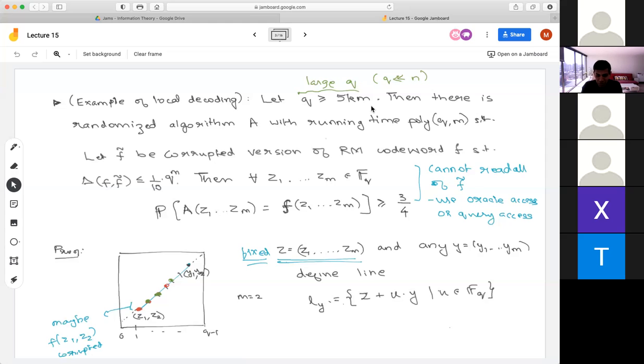I'm going to define this line as the set of q points z plus u times y, where u is between 0 and q minus 1. So this is a set of q points, which I'm just calling this line. Geometric intuition doesn't always translate correctly in finite fields, but okay. Any questions about the definition?